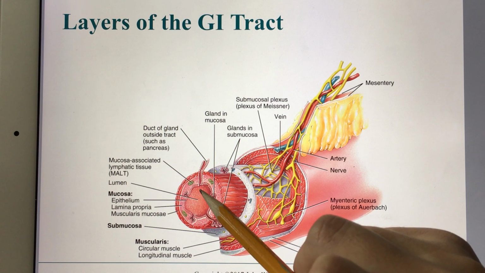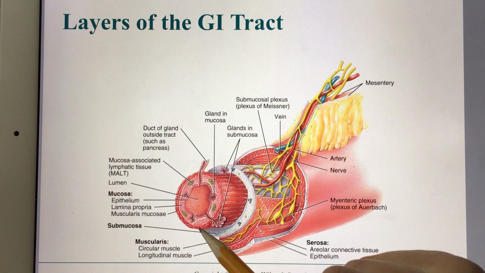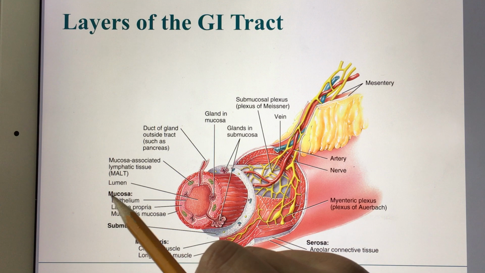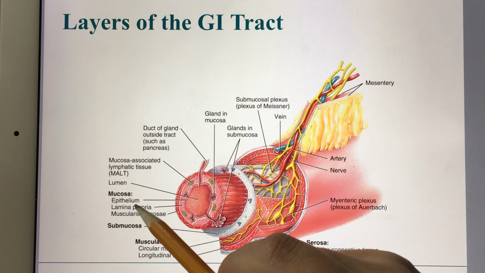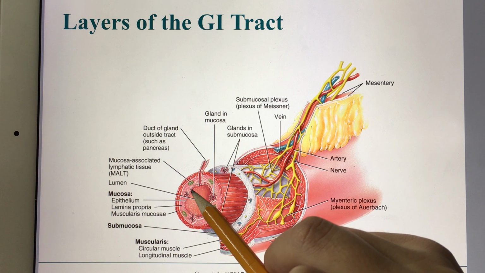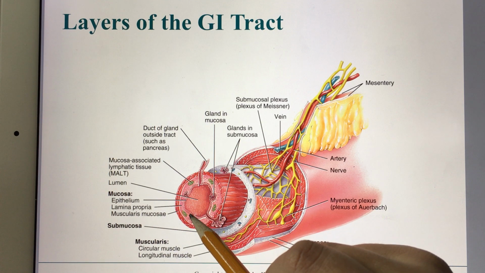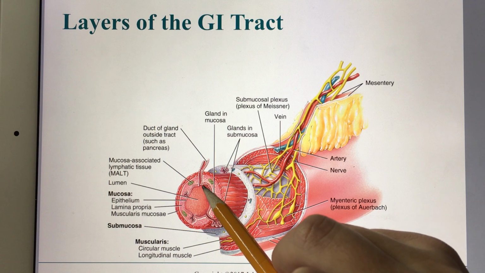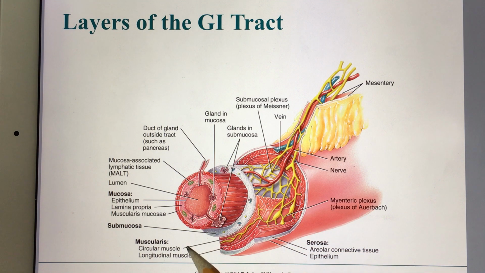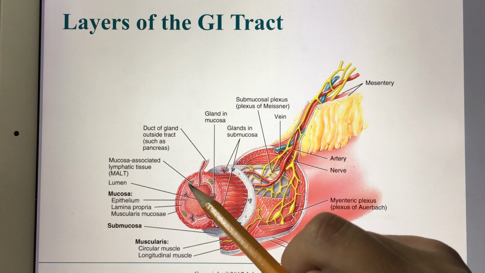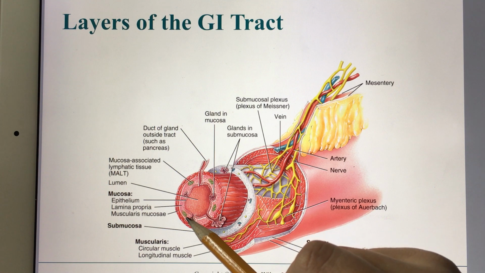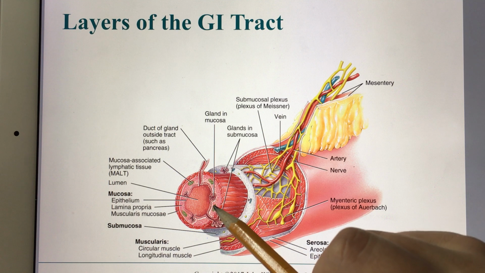The lumen is lined with a tissue called mucosa. Mucosa is made of several layers. The first layer of the mucosa, the very inner layer, is the epithelial layer. It's made out of cuboidal or columnar cells, the epithelial cells. Underneath it, there's a thicker layer made out of connective tissue.